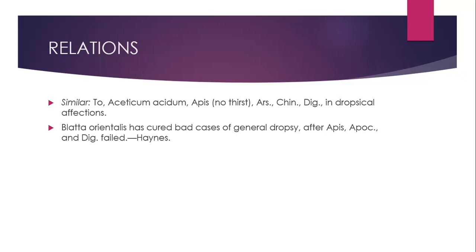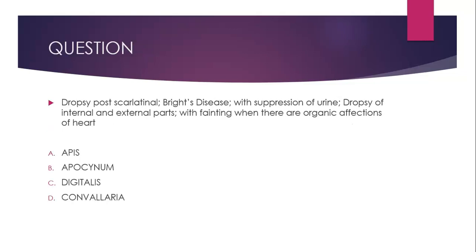The relations part of the remedies of keynotes is pretty much focused in the AIAPGET question paper, so that's why I'm saying again and again. So please remember, Blatta orientalis has cured bad cases of general dropsy after Apis, Apocynum, and Digitalis have failed.